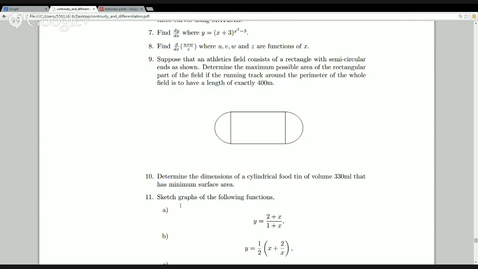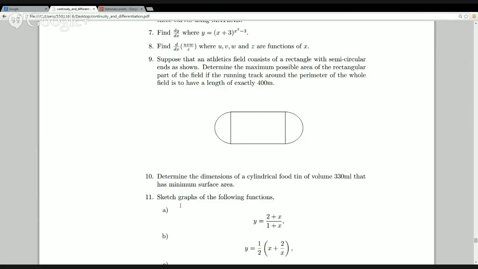Now, what solution does that have? It's true if and only if L is, well, in order for this to be 0, you better have L being 100. Yeah, 400 over pi minus 400 over pi gives you 0.